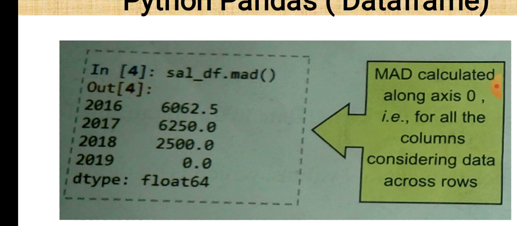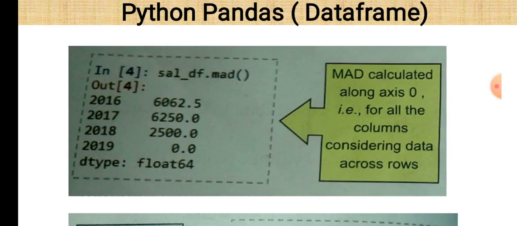Mad is the name of the function, and we pass no parameter value inside it, so the default value will be taken, and it means that it calculates mean absolute deviation along axis 0, and you can easily see that for 2016 the mean absolute deviation is 6062.5, for 2017 6250, and 2018 2500, and 2019 it is 0.